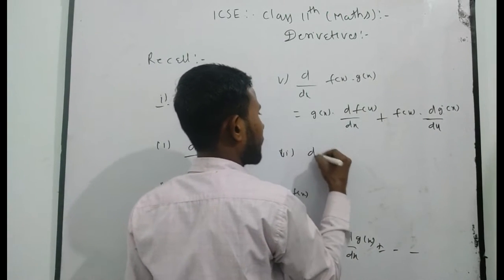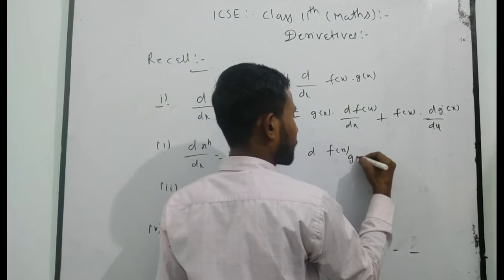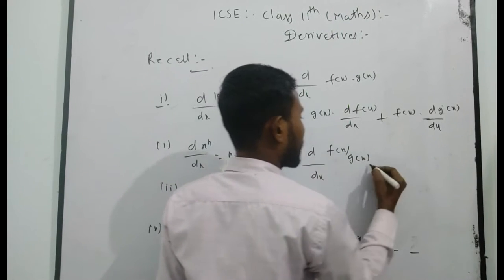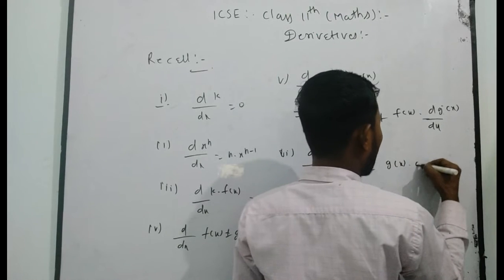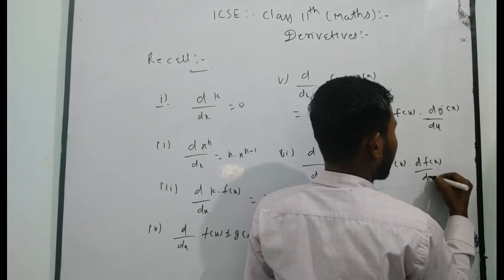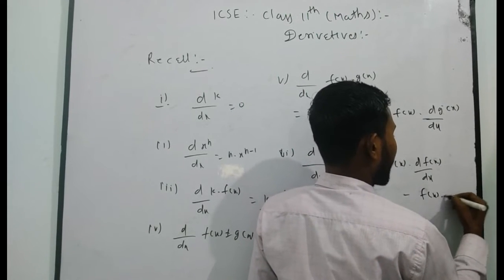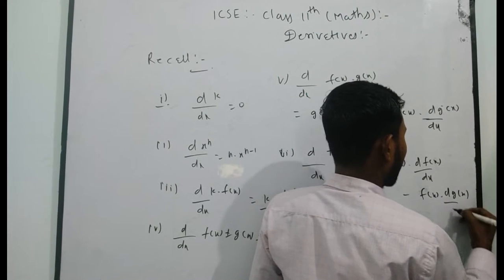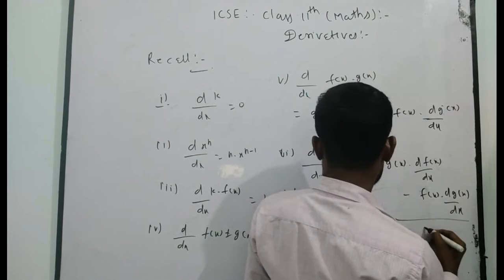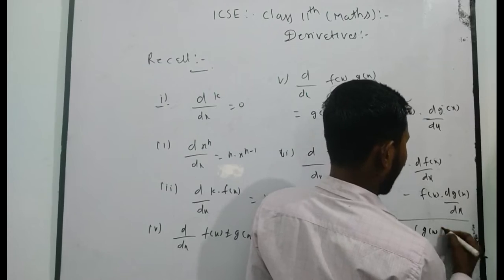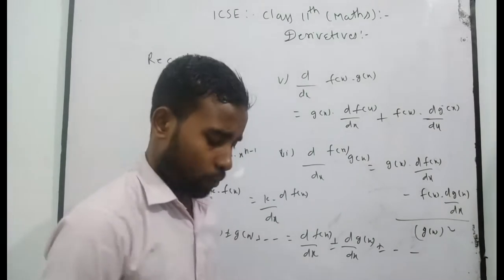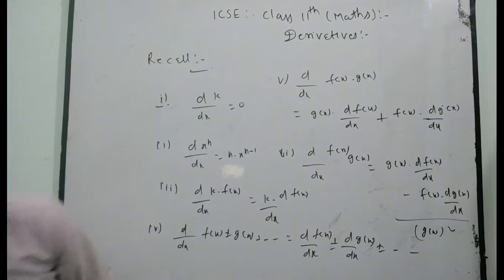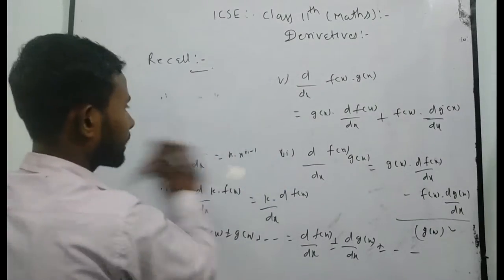Property 6: the derivative of f(x) by g(x) with respect to x is equal to, you take g(x) out and differentiate f(x) with respect to x, minus you take f(x) out and differentiate g(x) with respect to x, by g(x) whole square. This will be the 6th property. I think you understand.